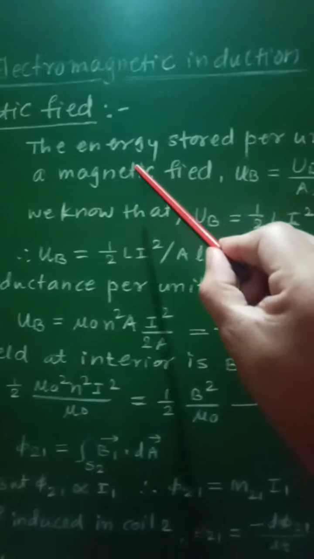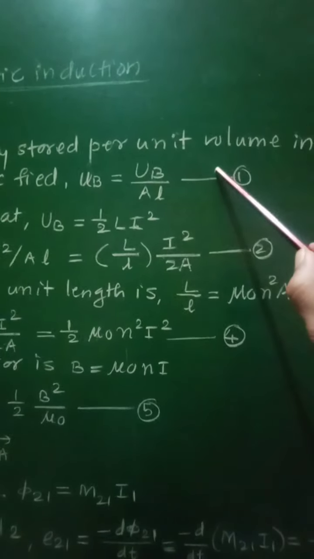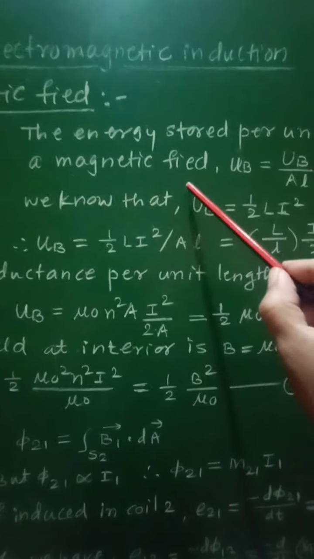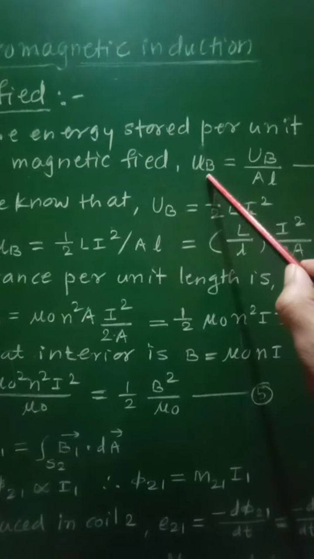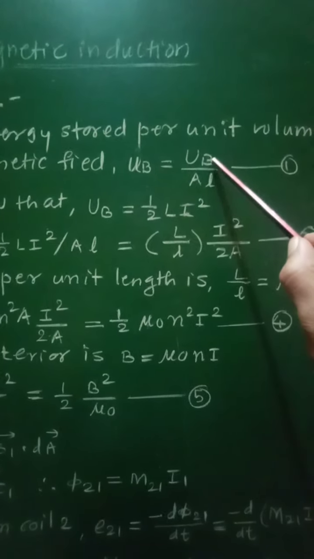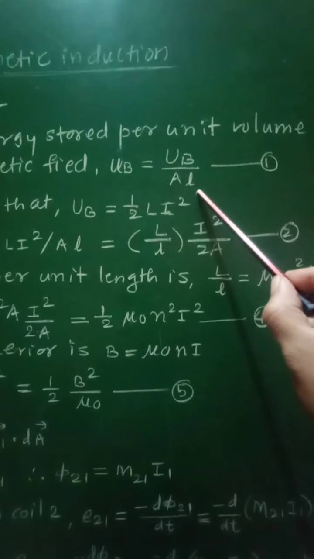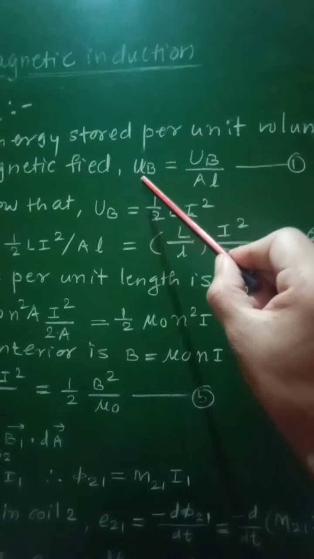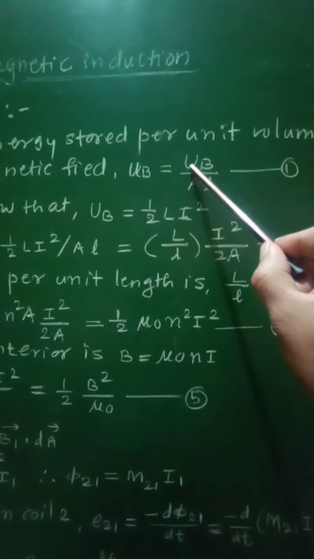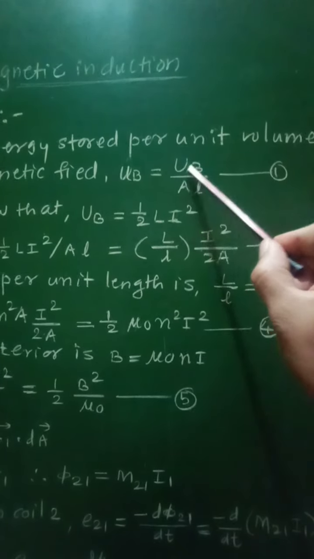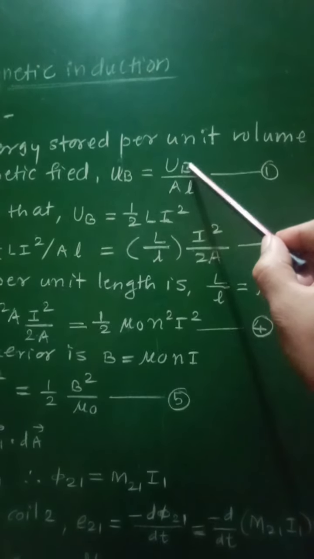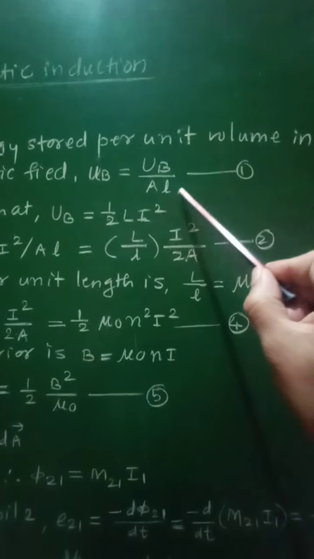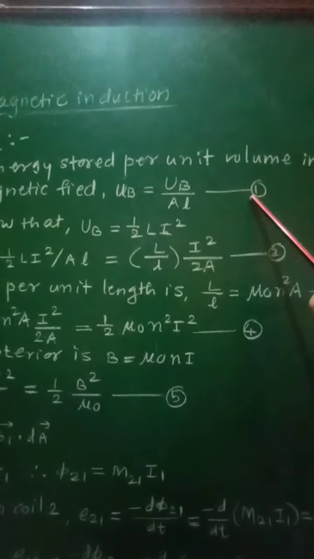Now the energy stored per unit volume in magnetic field will be given as small ub equal to capital UB upon AL. Here small ub represents energy stored per unit volume and capital UB represents the total energy stored in that whole volume. Let it be equation number 1.